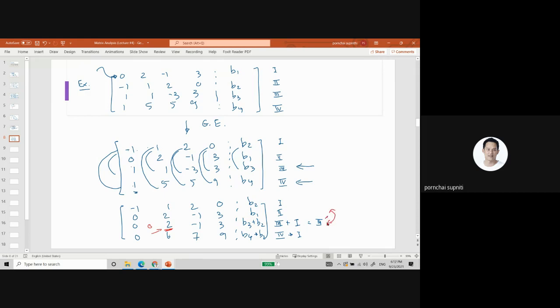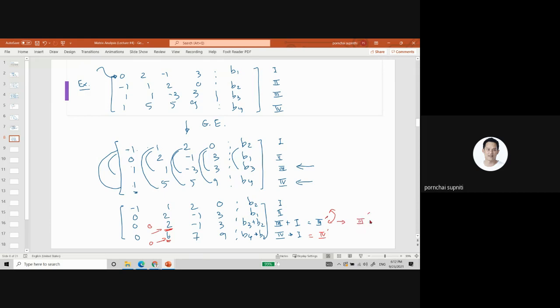And then for line 4 prime, I want to change this to 0, so I subtract it with, let me write on this side.